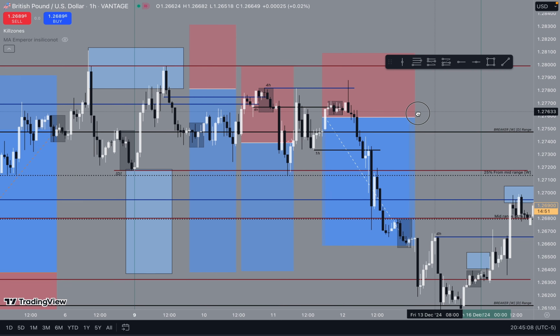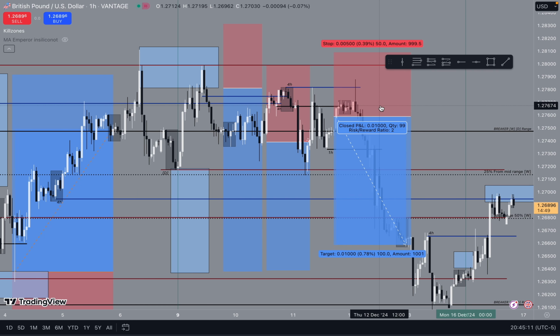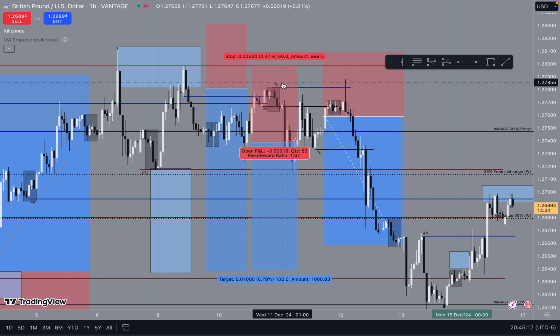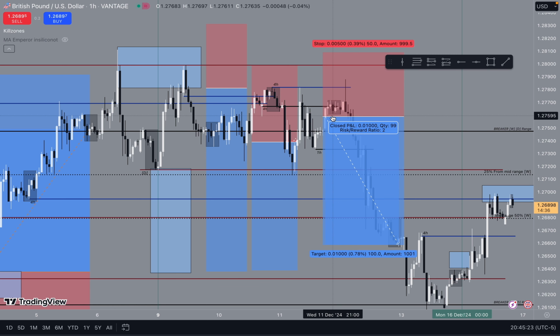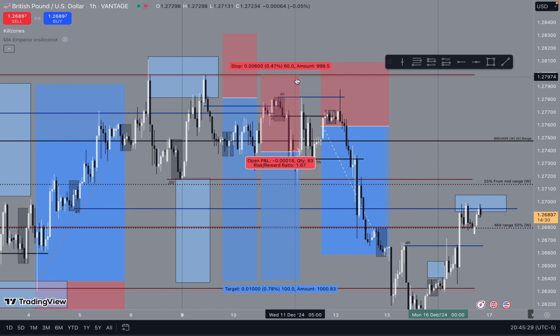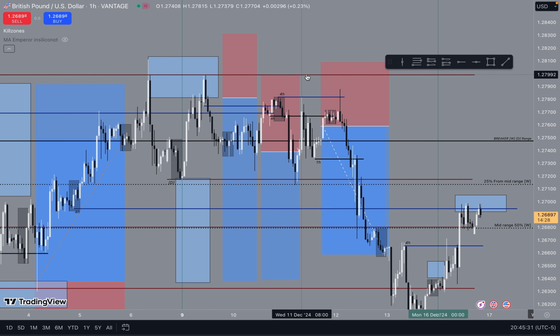So this one is already a little bit higher than the first one. So I did not copy the 60 pips stop loss because I entered a little bit higher from the first one, and my maximum key level is this daily range, the red one.